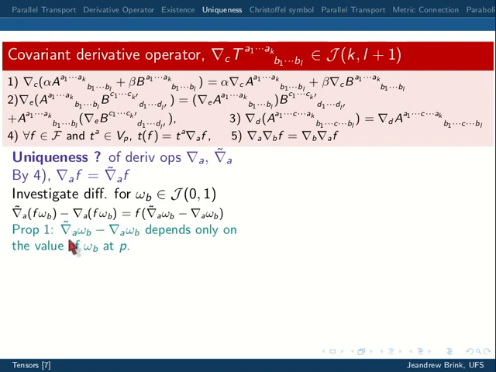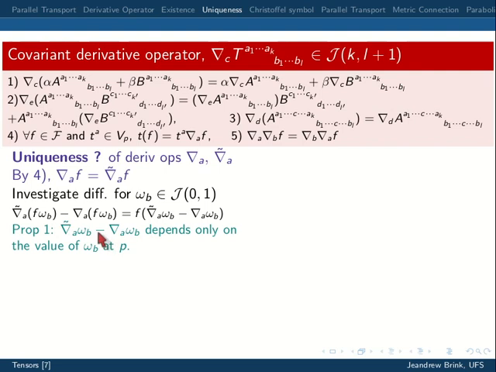Typically, you view derivative operators as something that takes you from a point to somewhere else, right? Usually if you take a derivative of a function, the derivative operator will tell you how the function is changing off of a point. So this proposition is unusual.